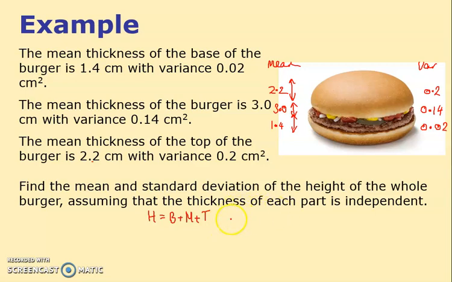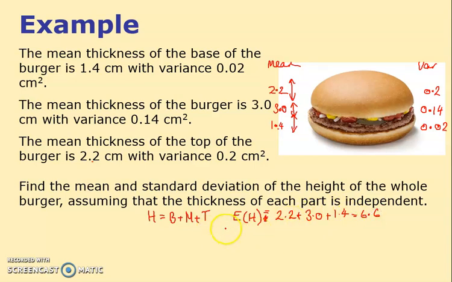Assuming that the thickness of each part is independent, well, I would have wanted that, my expectation of the height is simply equal to the 3 parts added together. So it's 2.2 plus 3.0 plus 1.4. That sounds like to me 6.6.